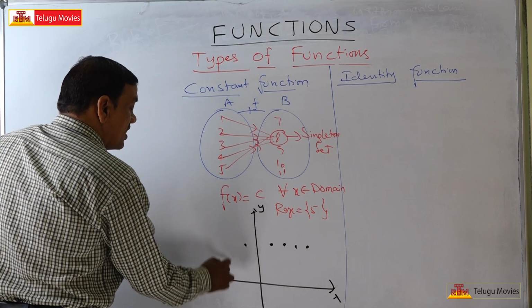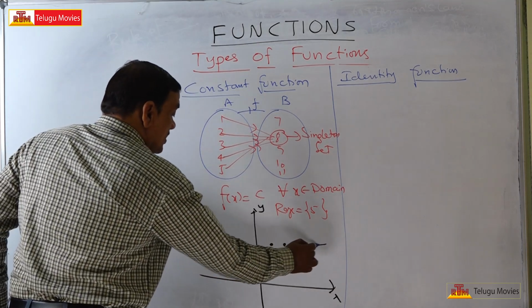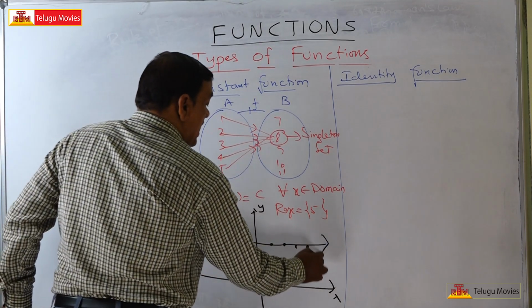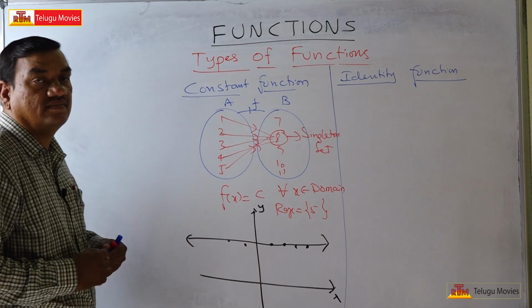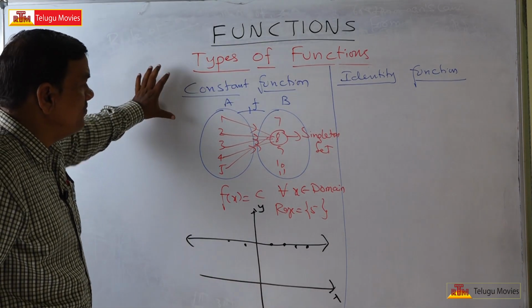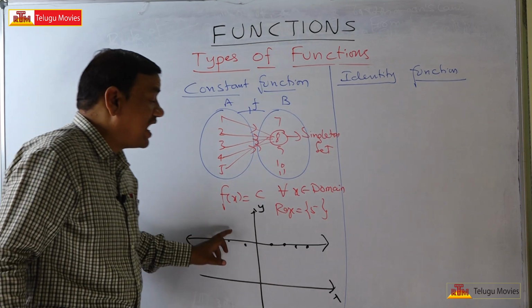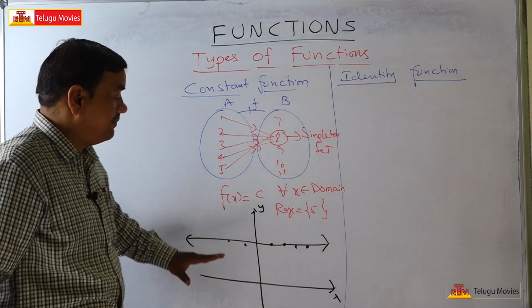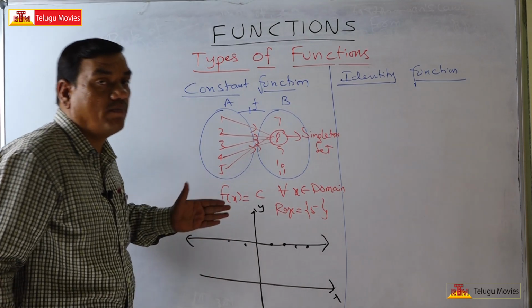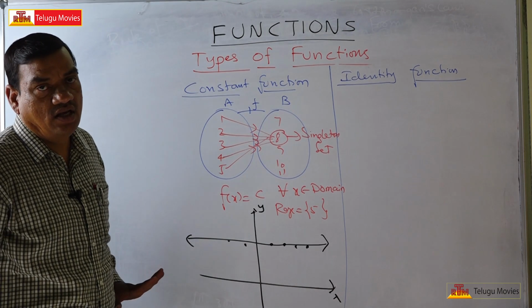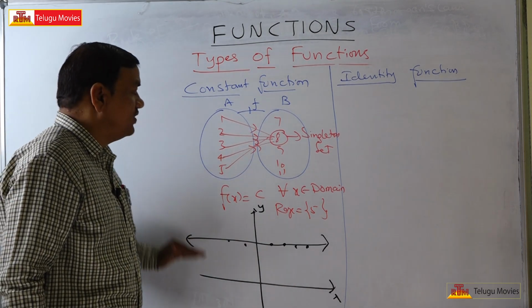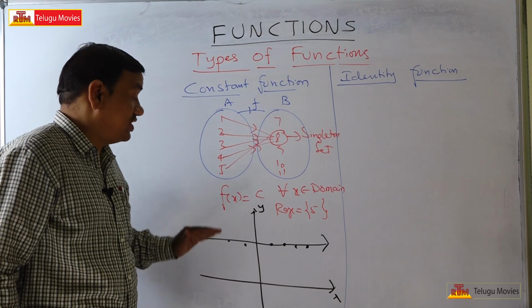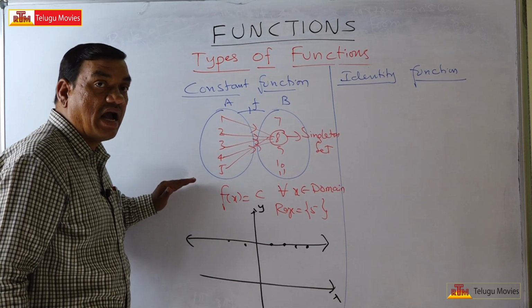If it is minus 1 comma 8, 2 comma 8, that means the line will be parallel to the x-axis. The graph of every constant function is parallel to the x-axis. It may be either above the x-axis or below the x-axis.